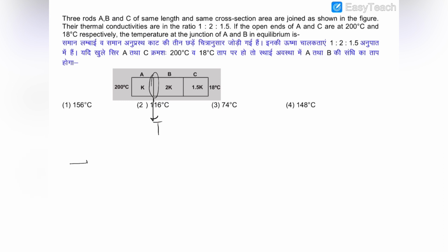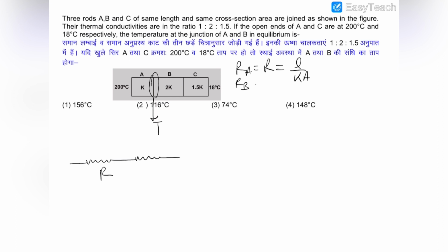Let us suppose that the resistance of this rod RA is R, then the resistance of this rod RB would be R by 2, because R is L by KA, and the length is the same and the area is the same.